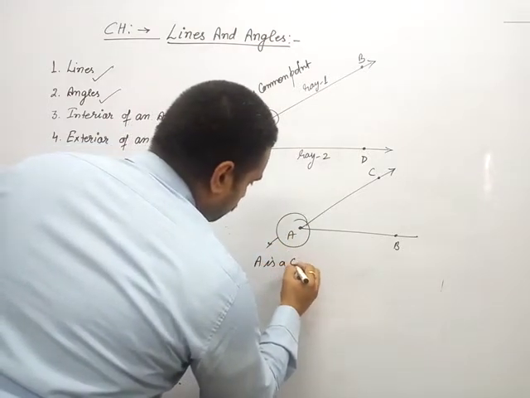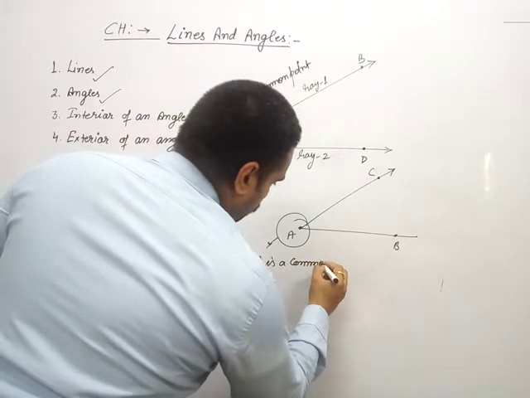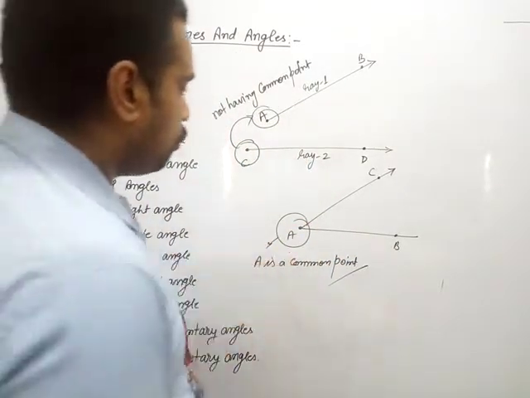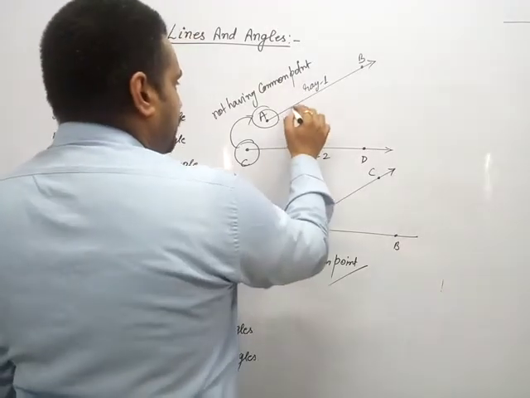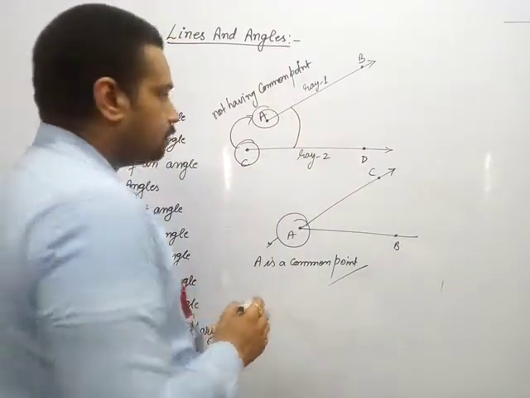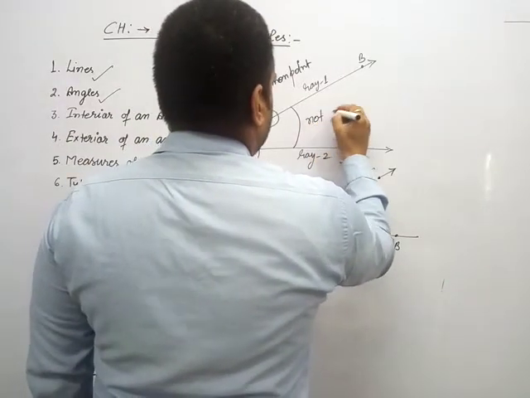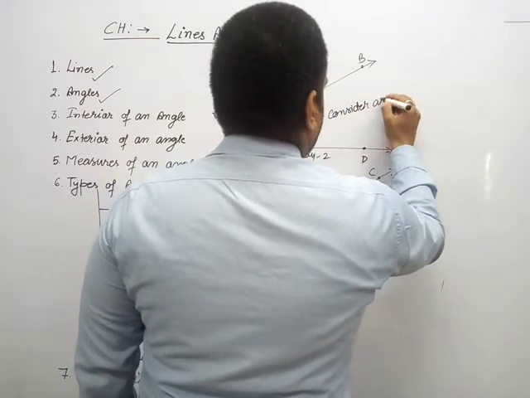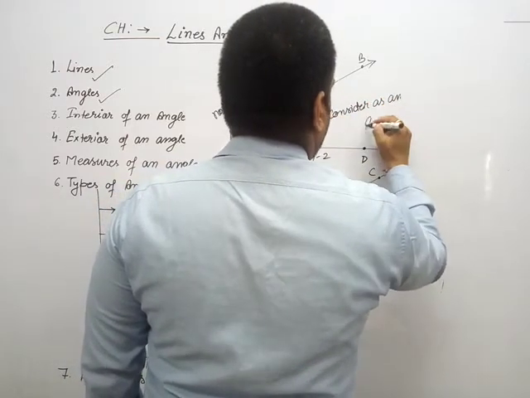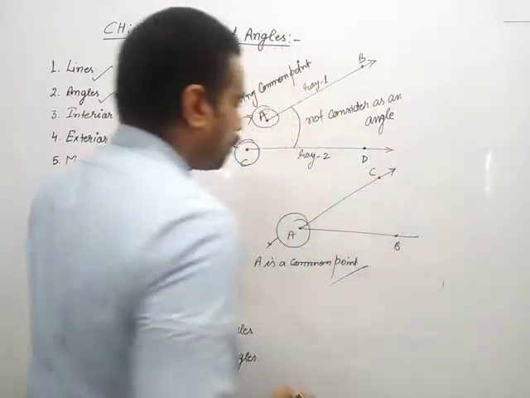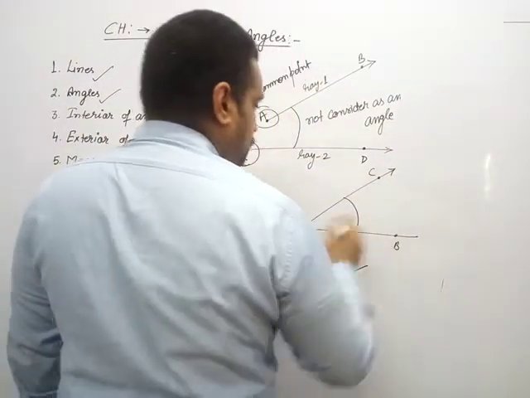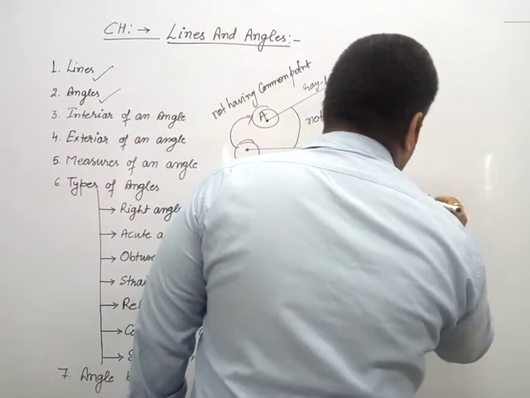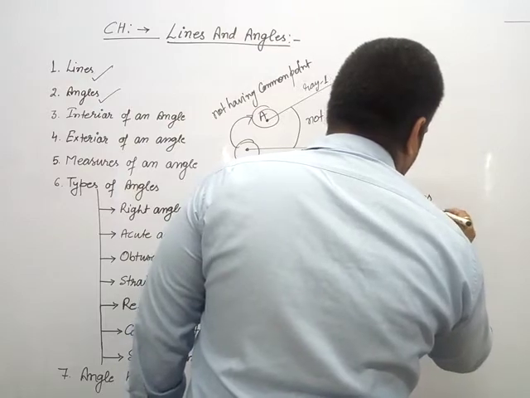Yes, A is a common point here. So this gap is not considered as an angle, but this gap is considered as an angle.